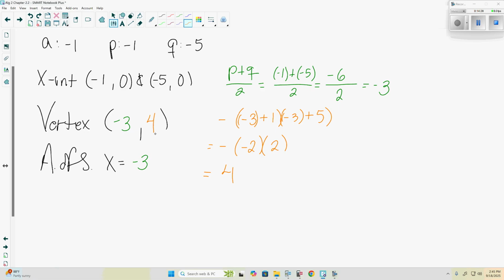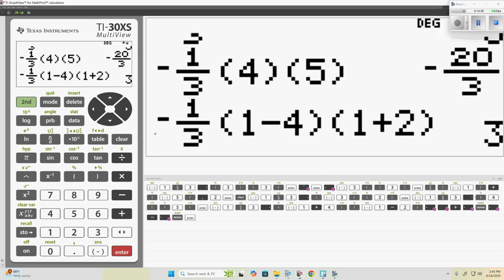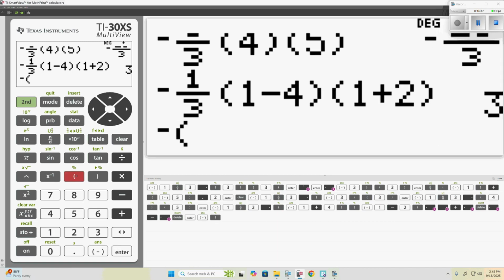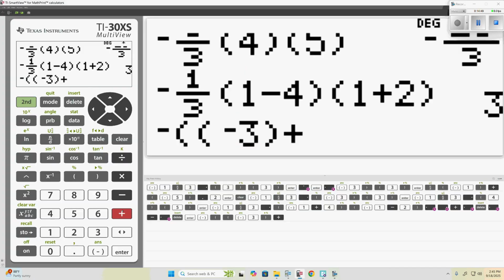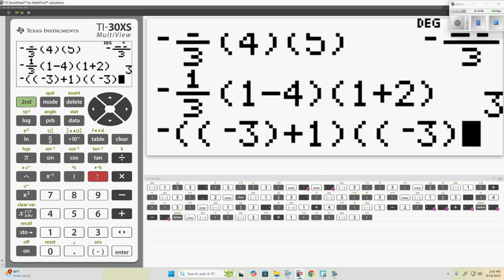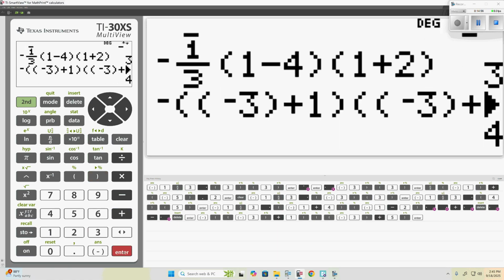There's a negative in front because A was negative 1, so we have that negative. Let me make sure. Yep, plus 1. It's going to give us positive 4.